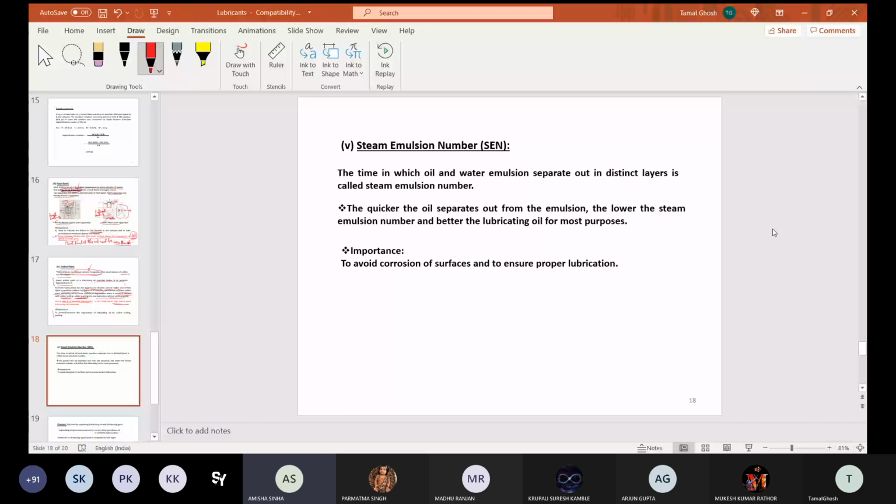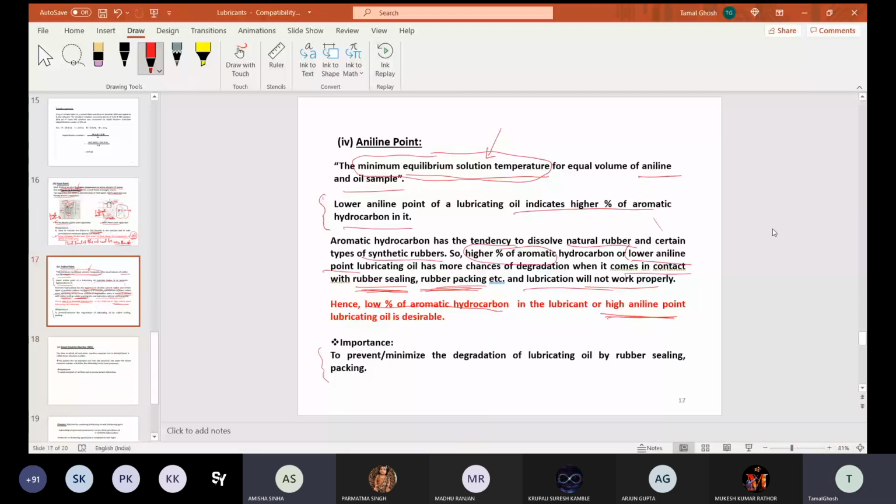The minimum equilibrium solution temperature. This is actually aniline and oil when we are taking them in a test tube or a beaker or any other place. Basically, they are not miscible. Okay, they will not mix at room temperature.